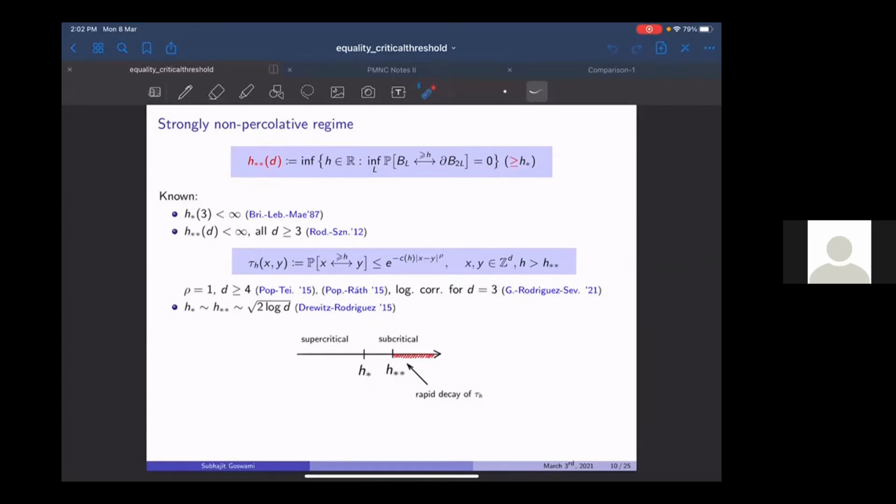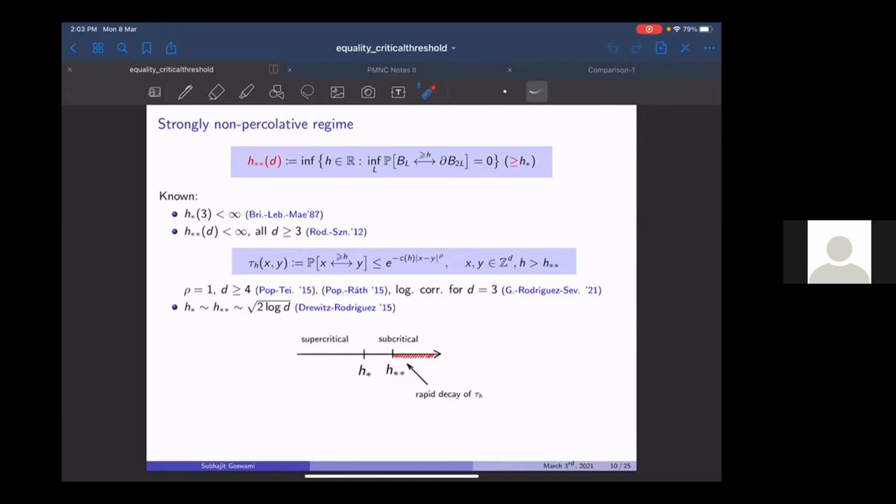and beyond which, so when h is above h**, and again I would like you to recall that the direction of monotonicity is opposite to that of Bernoulli percolation for this model. As the parameter value h increases, the model becomes thinner and thinner.